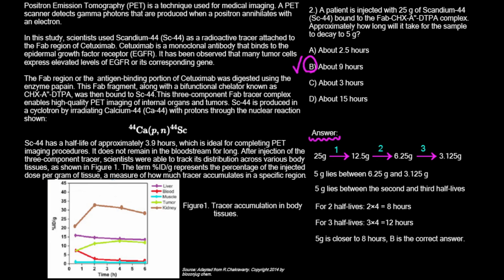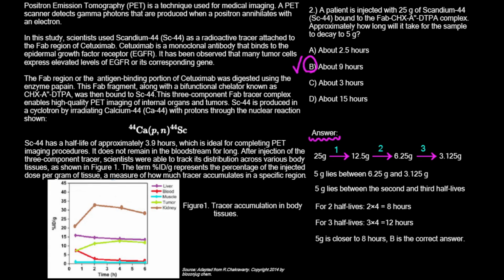On the MCAT, we typically don't need to calculate exact values, and approximate or ballpark values are just sufficient, especially since the answer choices here use the word about. So to estimate the total time elapsed, we multiply the number of half-lives by the length of one half-life, or 3.9 hours. Because we do not have a calculator on the MCAT, we can round 3.9 to 4 hours for easier estimation.